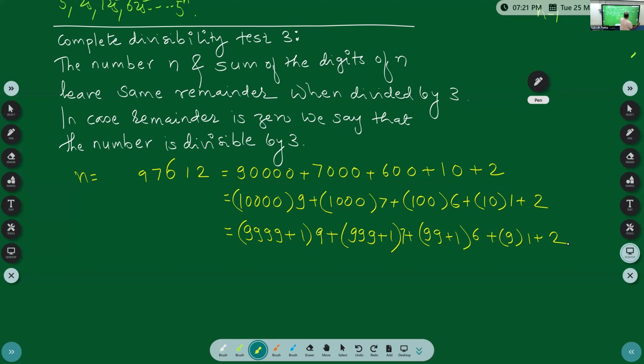Plus, then let us take 9999, I can take 9 common out.